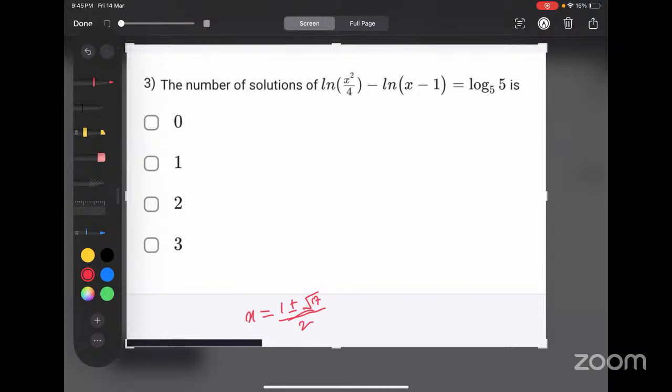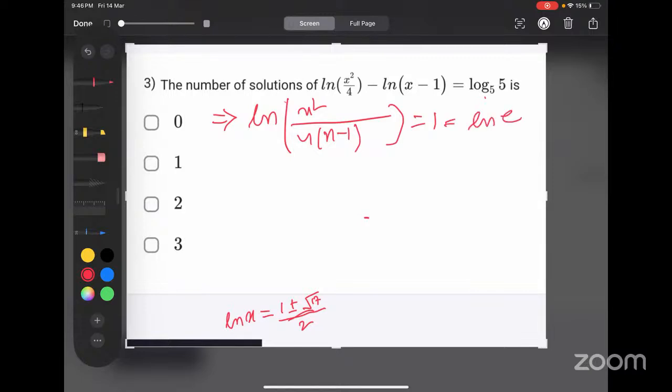Okay, let us see. Can you please solve this, ma'am? Yes. So we can first break it. Let's not break it. ln of x square by 4 into x minus 1, and this is 1. 1 has to be taken as ln of e, ma'am. ln of e means log e base e, right?